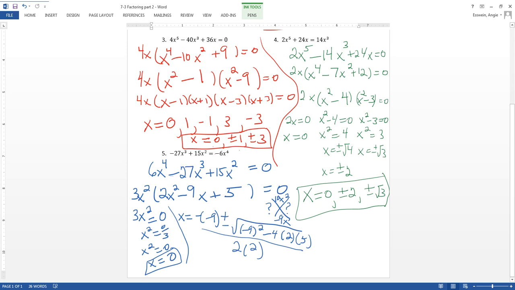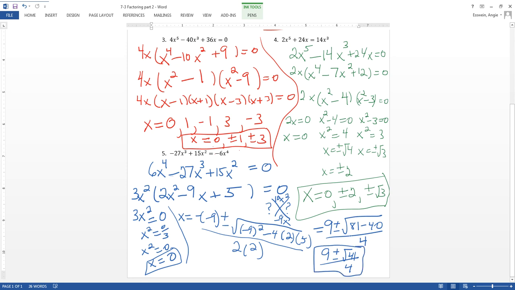So we just have to simplify this. So this gives us positive 9 plus or minus square root of 81 minus 40 over 4. And we're almost there. So 9 plus or minus the square root of 41 over 4. So these are my other solutions.